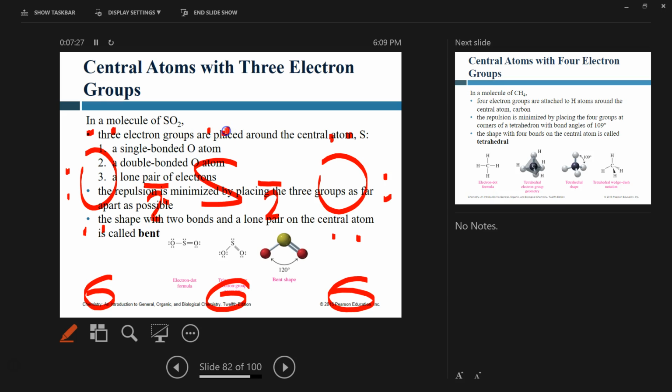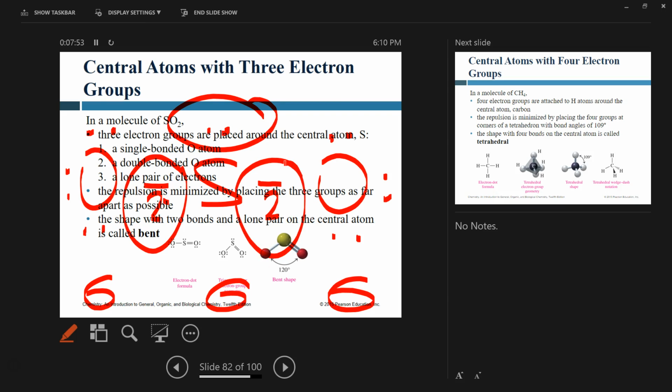I place these 2 at the sulfur. Now, oxygen, does it have an octet? Oxygen does. What about sulfur? Sulfur doesn't have an octet. Do you see that? I mean that it doesn't have 8 electrons. It has 2, 2, and 2. It has only 6.